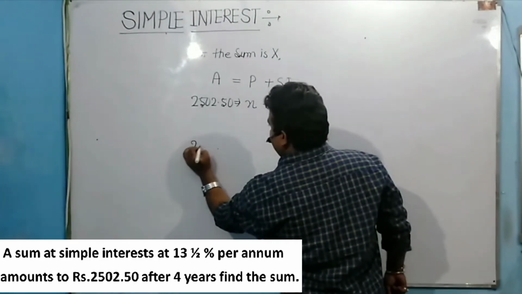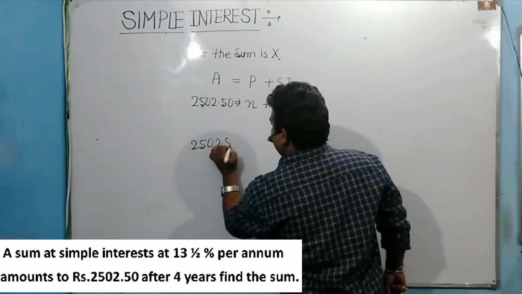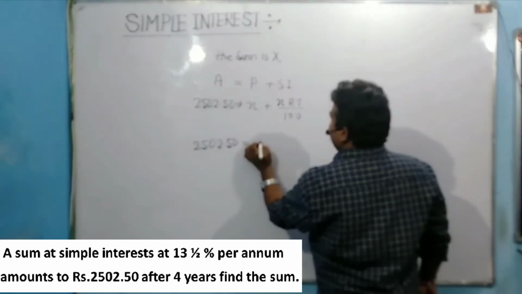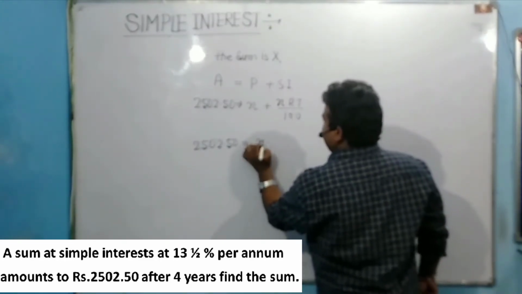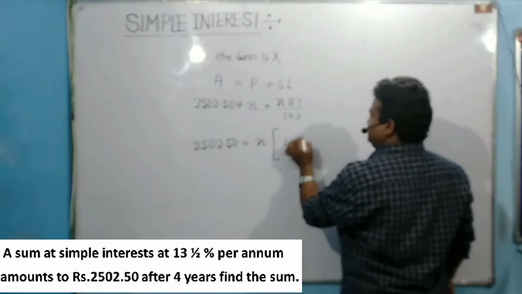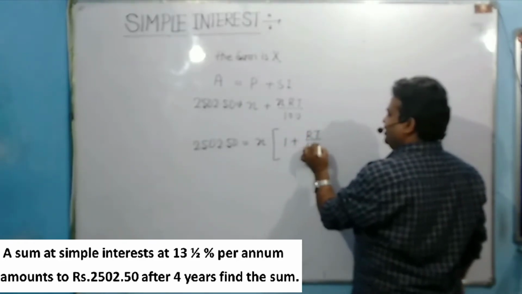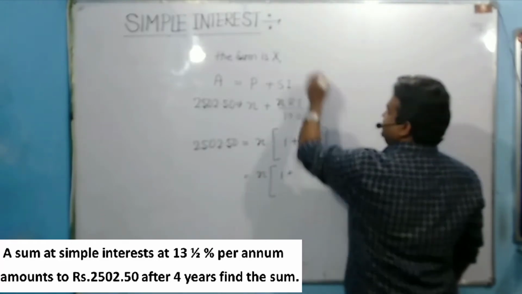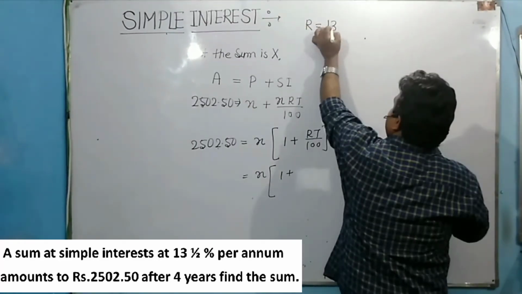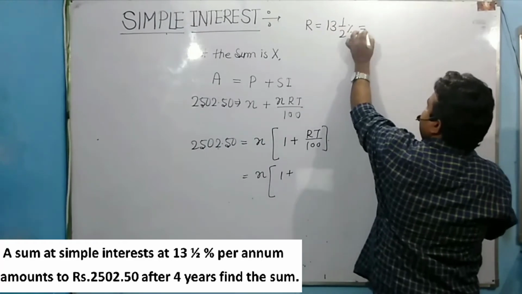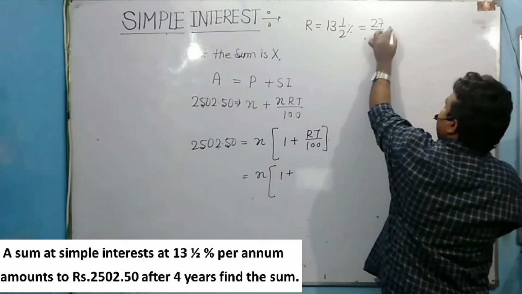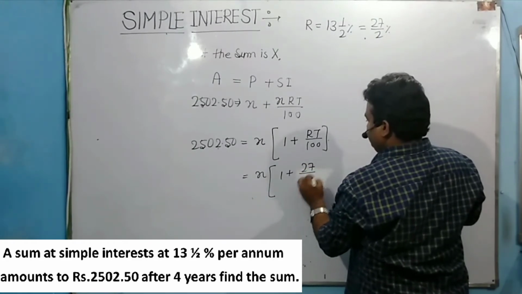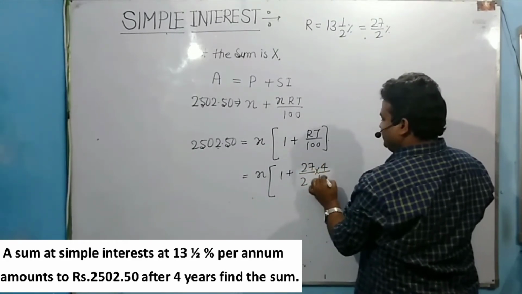So 2502.50 is equal to how much? I can take x common. So x times 1 plus RT by 100. What is R? R is given to you. R is 13.5%, which means 27 by 2 %. So I write here 27 by 2 times 4 years is given to you.